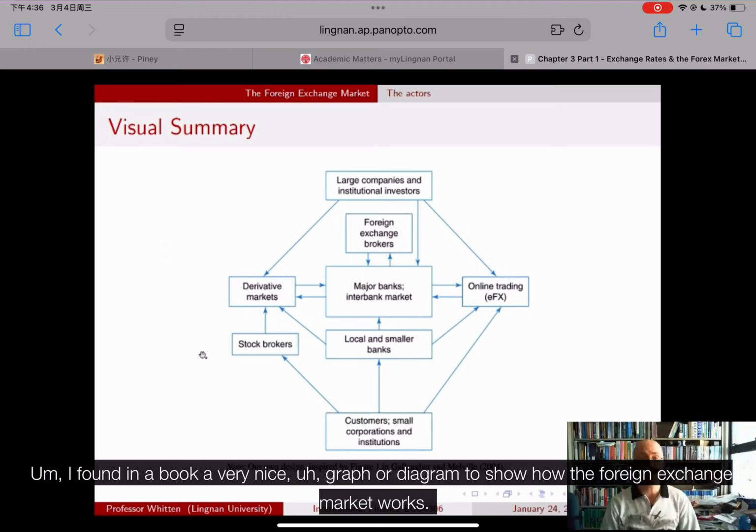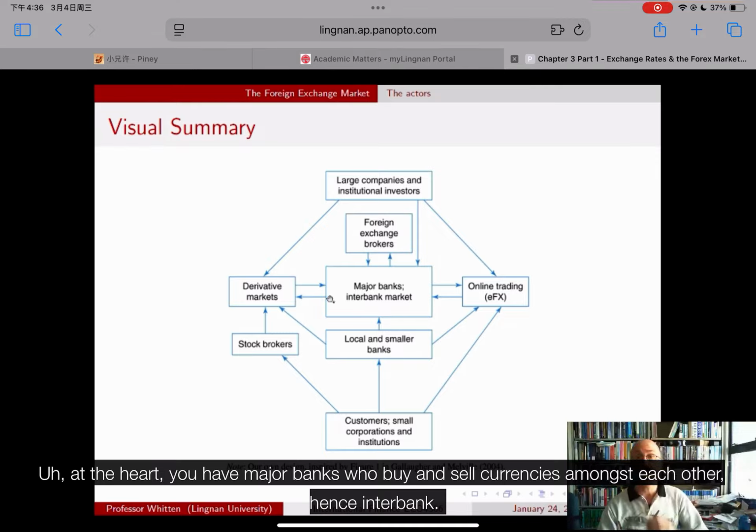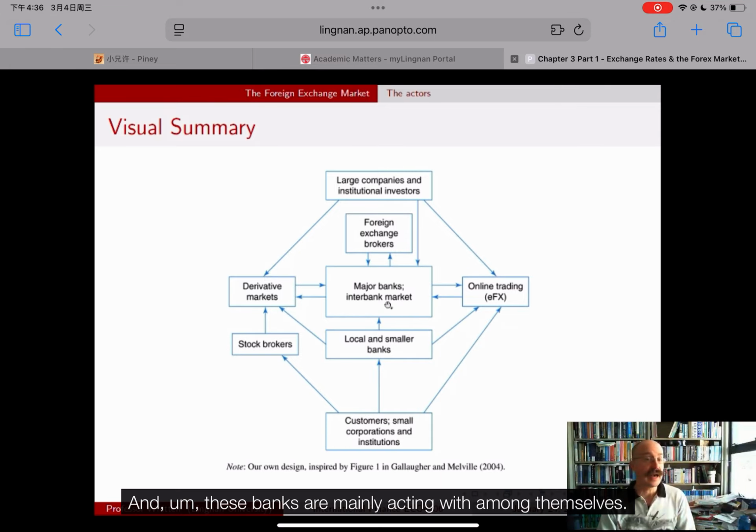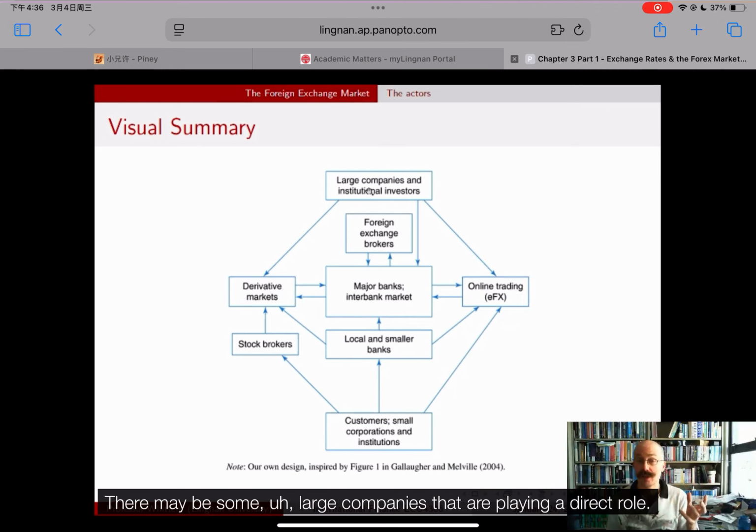I found in a book a very nice graph or diagram to show how the foreign exchange market works. At the heart, you have major banks who buy and sell currencies amongst each other, hence interbank. And these banks are mainly acting among themselves. There may be some large companies that are playing a direct role.